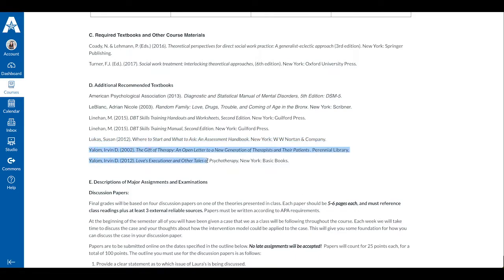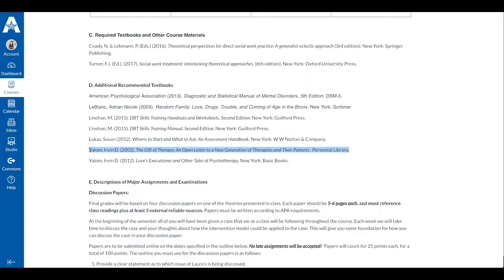And then finally, both of these Yalom books, I highly, highly recommend. I recommend these books to all of the social workers that I supervise. The Gift of Therapy is really easy. It's a very easy, enjoyable read, with very practical tips. Each chapter is a page or two long about a variety of topics such as self-disclosure or how to think about your clients in a different way.